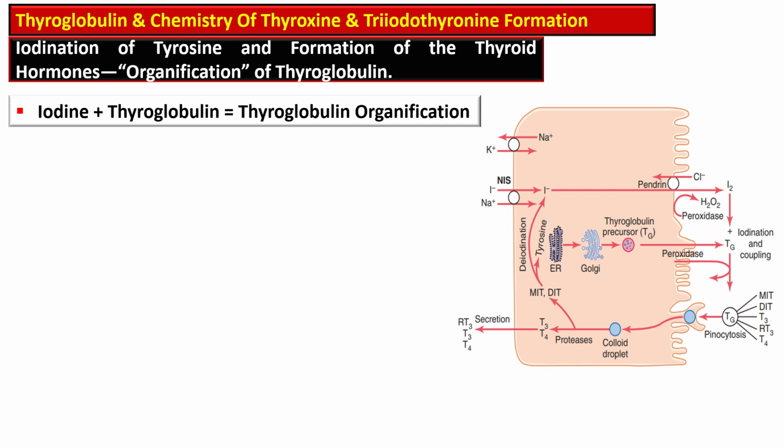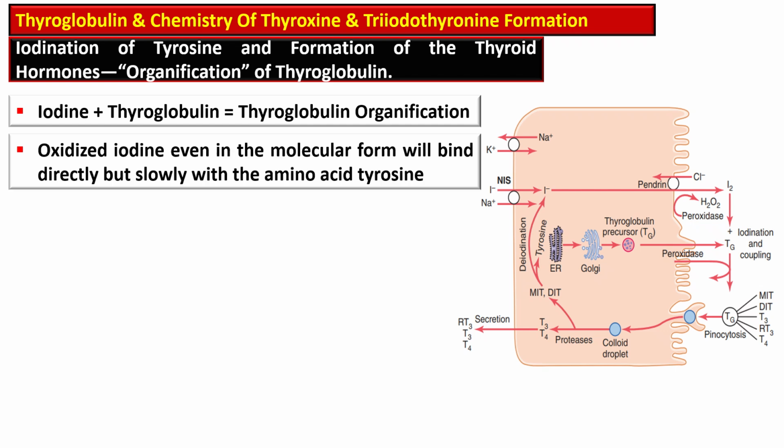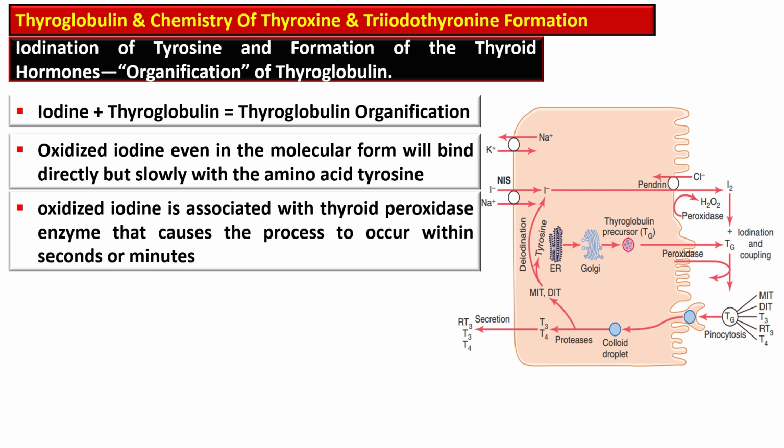This process refers to the enzymatic binding of iodine to tyrosine residues within the thyroglobulin molecule inside the thyroid follicular lumen. Thyroid peroxidase not only oxidizes iodide but also catalyzes the iodination process. This makes the reaction extremely rapid, and it occurs within seconds to minutes.